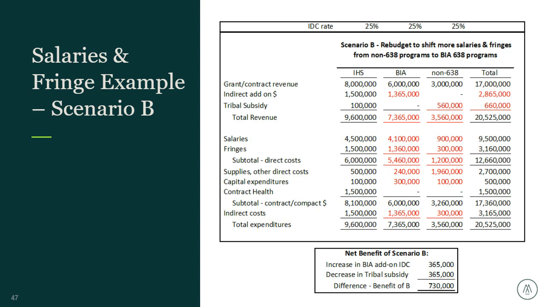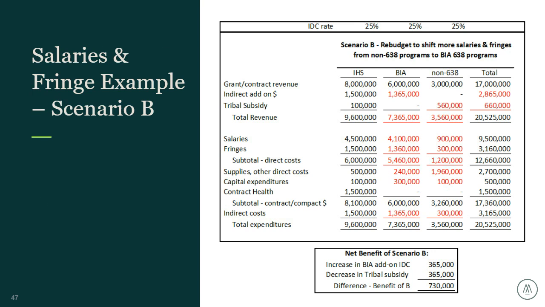That would also lead to an increase in direct cost for BAA that could be collected as add-on, also $365,000. So the overall benefit, considering all of those increases in BAA add-on indirect costs and also the decrease in tribal subsidy, will actually lead to a benefit of approximately $730,000 for the organization.